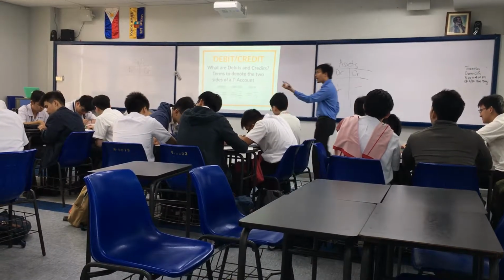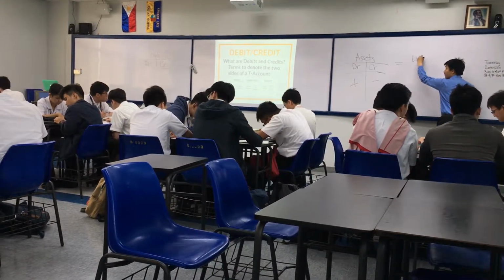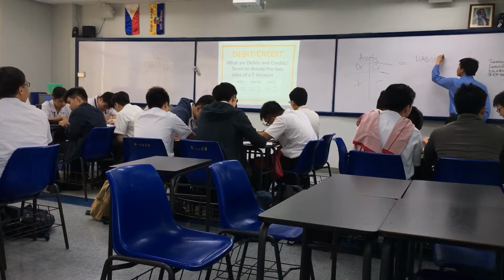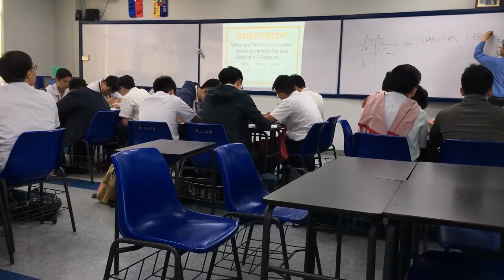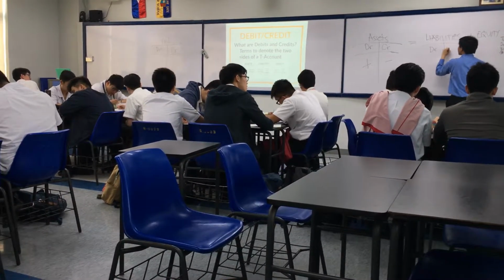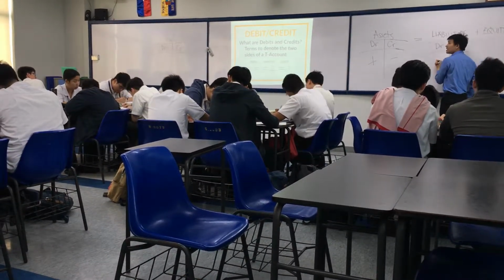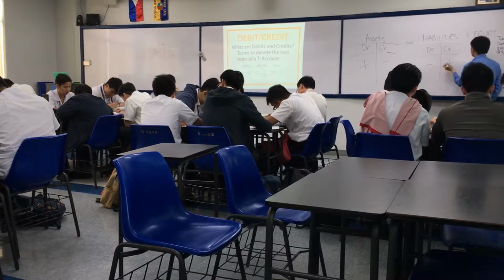But assets should always be equal to liabilities and equity, right? So it's the other way around for these two. For liabilities and equity, you debit it if there's a decrease. You credit it if there's an increase.